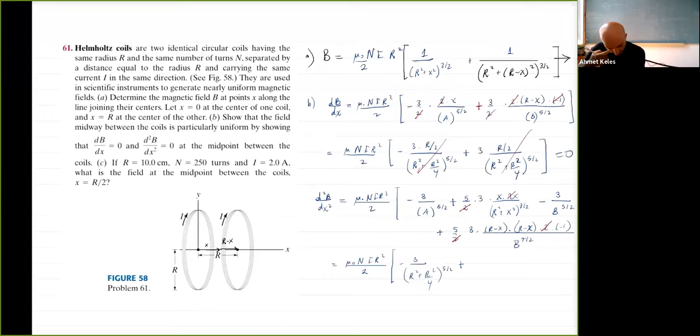Plus 5 times 3 times r squared over 4 divided by (r squared plus r squared over 4) to the 7 over 2.